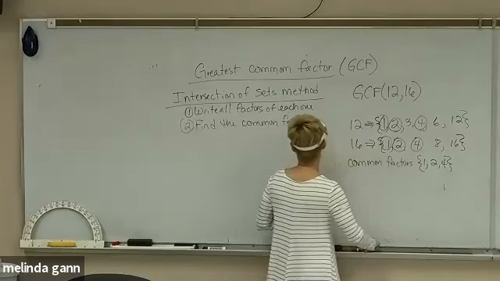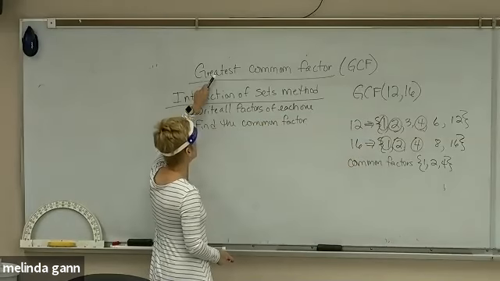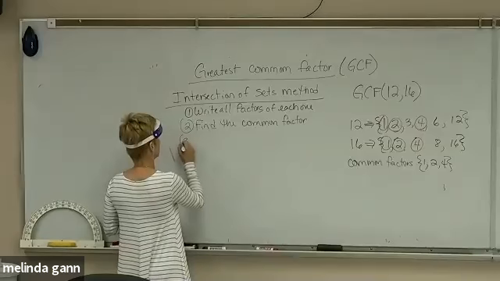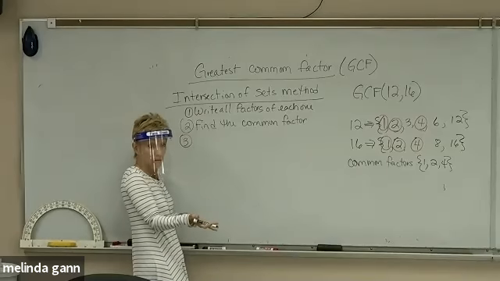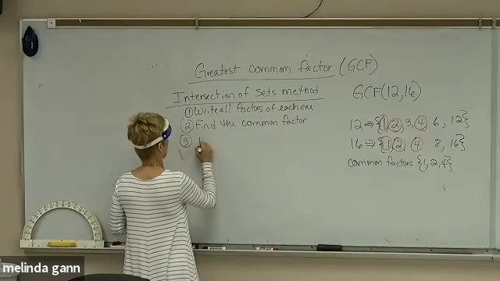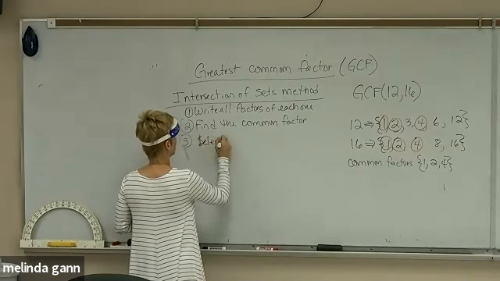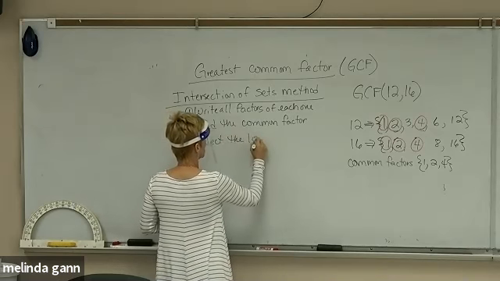Now, what do I want? I don't want the common factors, I want the what? Greatest common factor. So what's my answer going to be? 4. Why? Because it's what? Just the biggest. All right, so you're going to select the largest common factor.